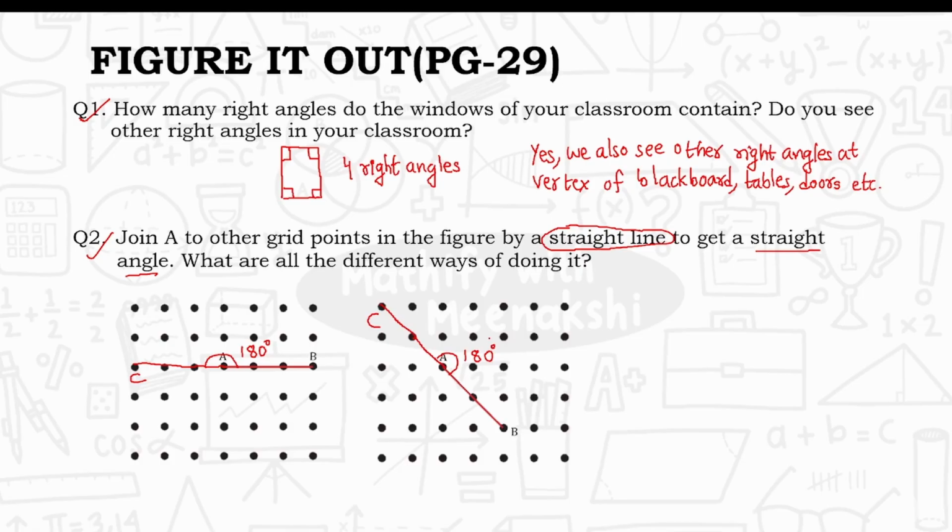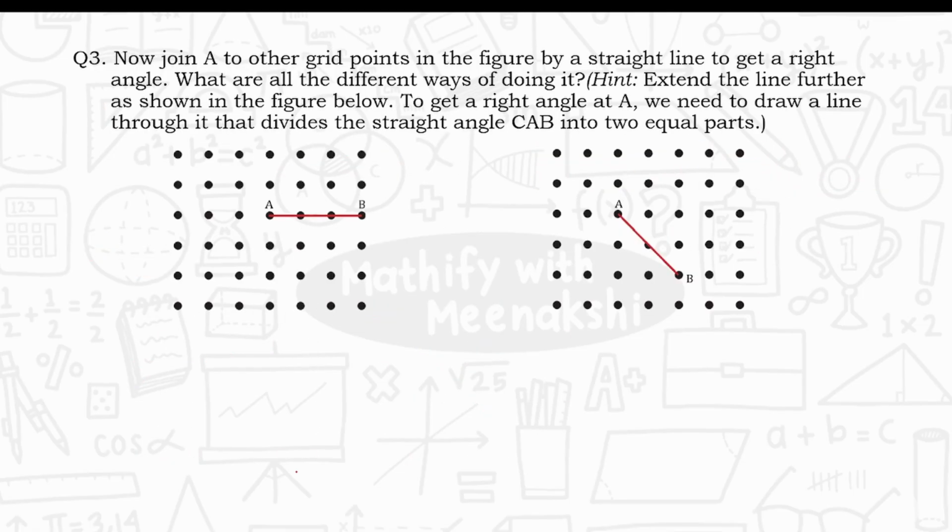So let's move to question number 3. Now join A to other grid points in the figure by a straight line to get a right angle. This time we want a right angle. So how can we draw? Just see here. Yes, this is one way. It's 90 degrees.